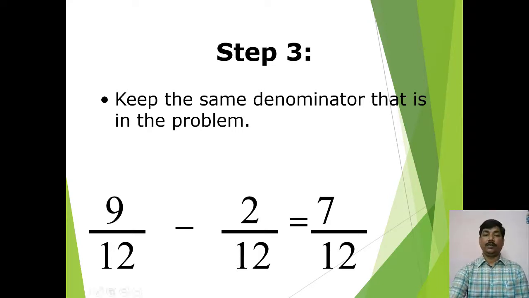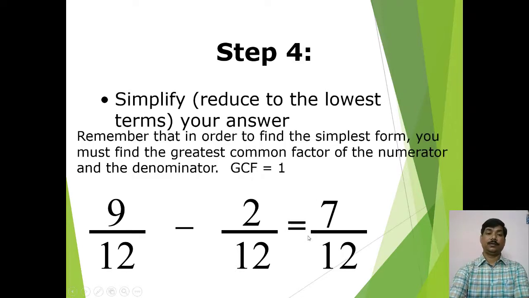In this way, we are getting 7 upon 12, a fraction which is the difference of the fractions 3 upon 4 and 1 upon 6. This is your answer. If this answer is not in the simplest form, then you have to follow some more steps.